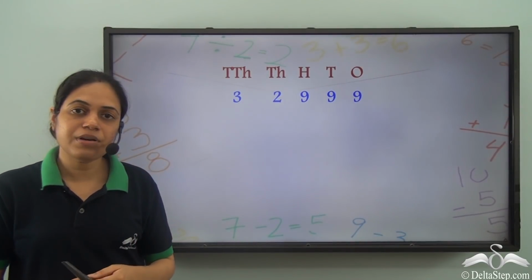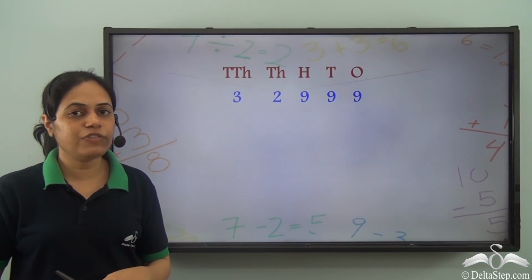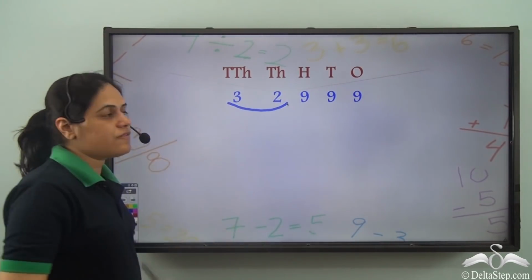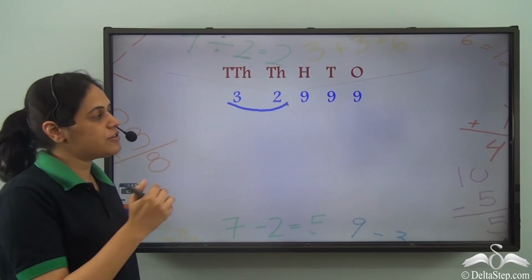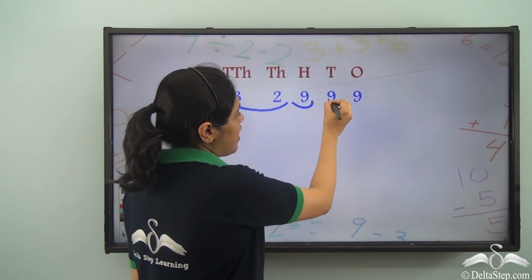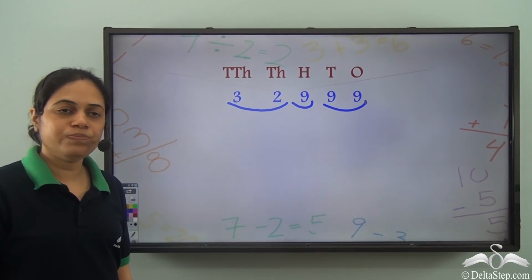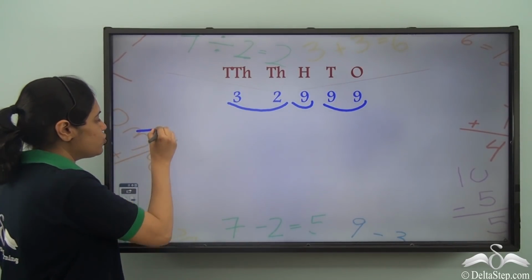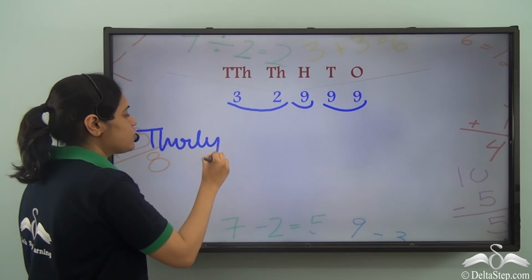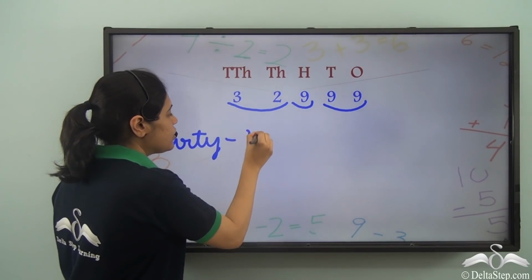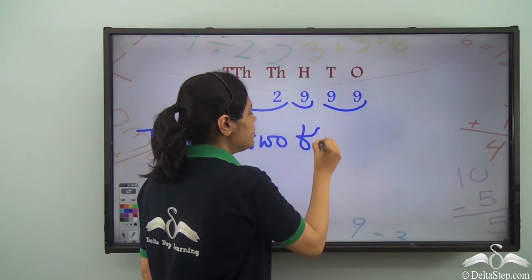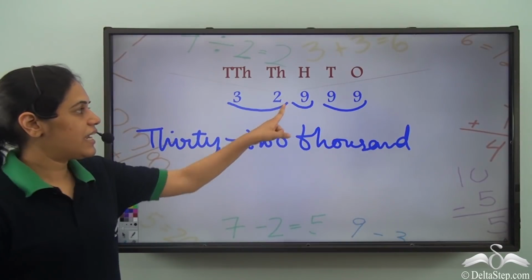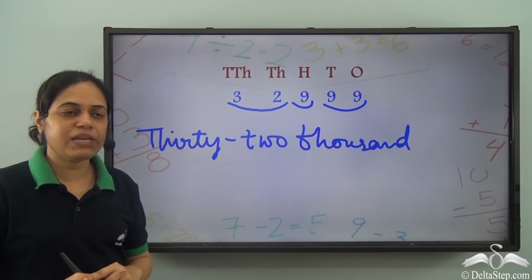Now what about this number? What will be the number name of this number? Well, first we segregate it by taking the first 2 digits, then 1, then 2. So 3 and 2 together make 32. So 32,000. The second part will come from the hundreds place.